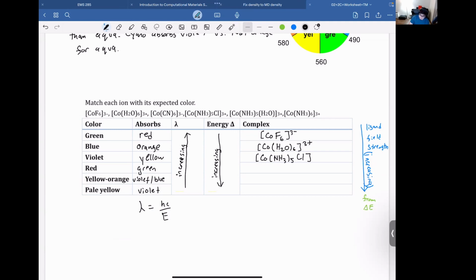So because of that, the chlorine is going to be lower in energy. Then the water comes next, again, because water is a stronger field ligand than the chlorine. And then the one with a bunch of amines comes after.